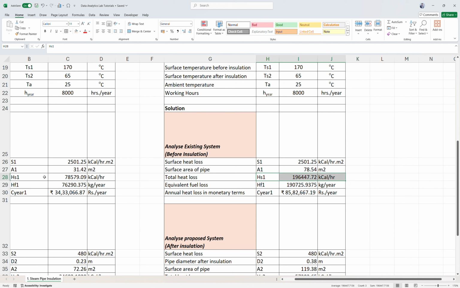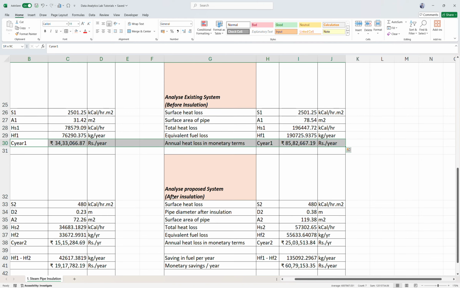It has changed from the first value of 78,000 to 1,96,000. So the annual monetary loss, previously 34 lakh, is now 85 lakh rupees. It's a huge change. In the second case, when we have applied the insulation, previously the pipe diameter was increased up to 0.23 meter.